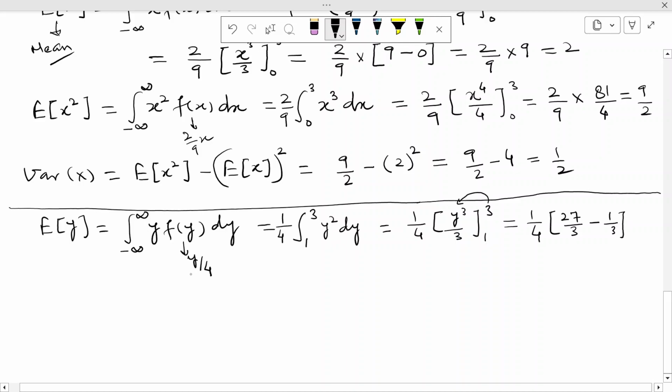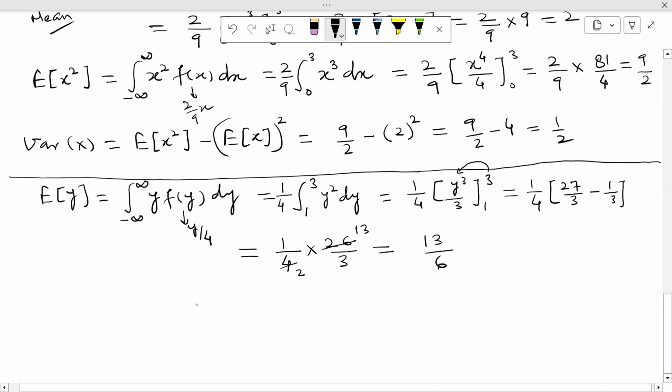Now 27 by 3 minus 1 by 3 will be 26 by 3, with the 1 by 4 which we are having here. So this expectation of y, if you cancel out this by 2, sorry, this is 13 and here we are having 6, so this is 13 over 6. So this is our expectation of y.